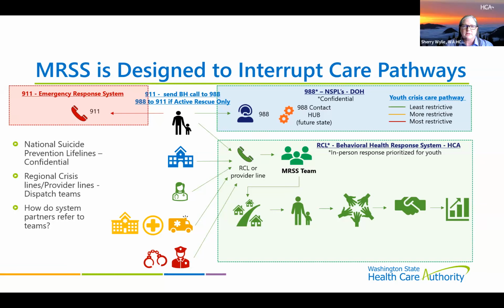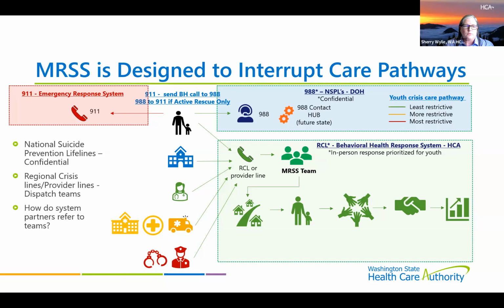988 doesn't currently dispatch teams. Regional crisis lines currently dispatch teams. So we want to consider two things. Messaging. Do we want families calling the regional crisis line for a response or 988? If they call 988 right now, do they get phone support, dispatch, or both?